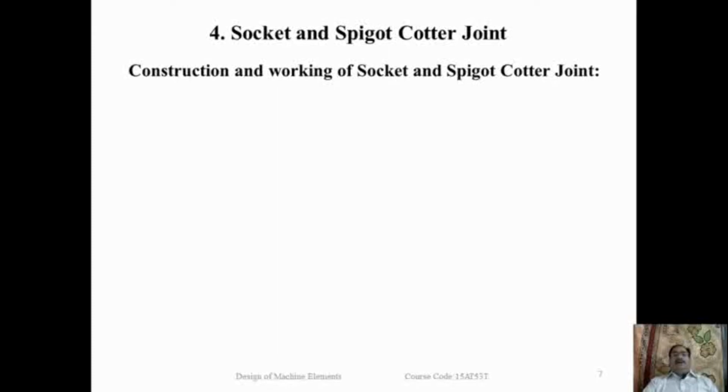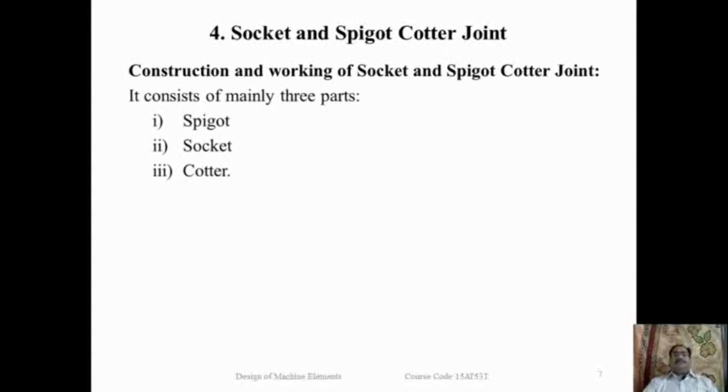So number one, socket and spigot cotter joint. Here, first we have to study the construction and working of the socket and spigot cotter joint. This joint has mainly three parts.